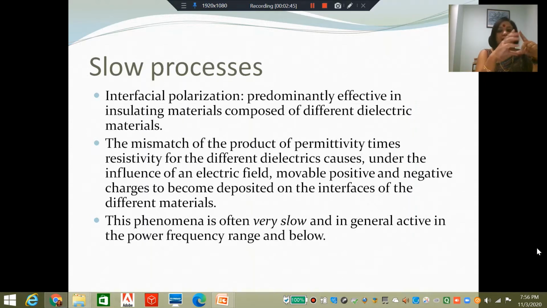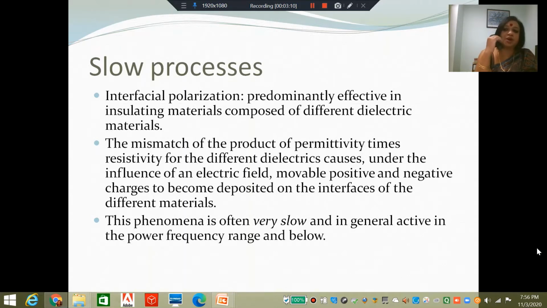There is an extra separation distance between the charge centers, and therefore you have a dipole. When you apply an electric field, these dipoles will orient themselves in the direction of the field. Now, depending upon the size of the molecules which need to orient themselves, they can take small times or they can take long times.